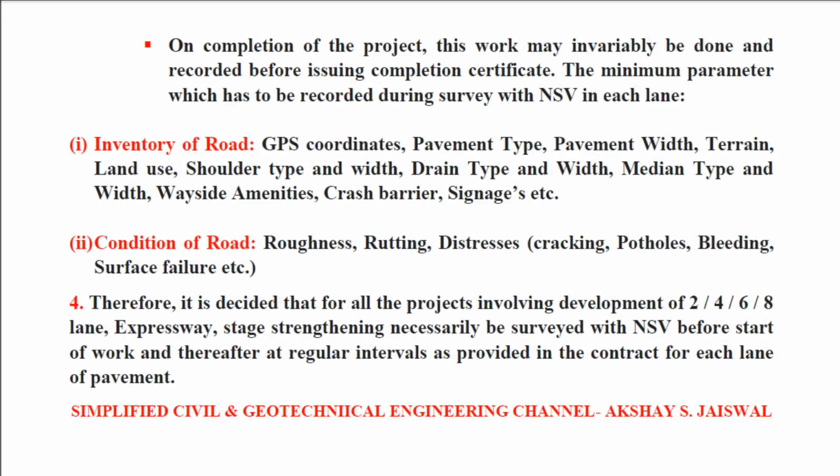On completion of the project, this work may be invariably done and recorded before issuing completion certificate. The minimum parameter which has to be recorded during the survey with NSV in each lane includes following data.